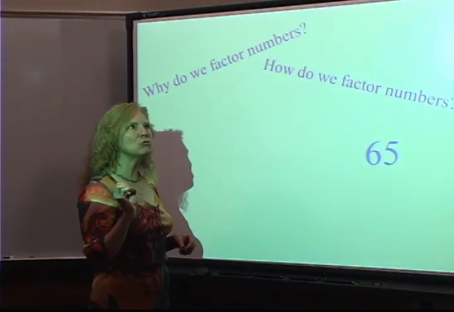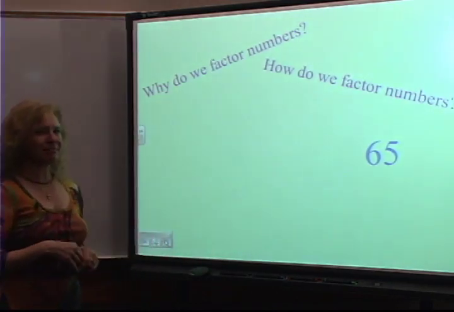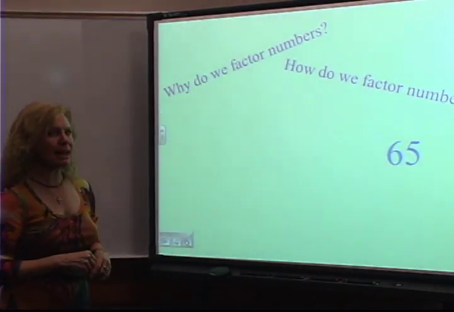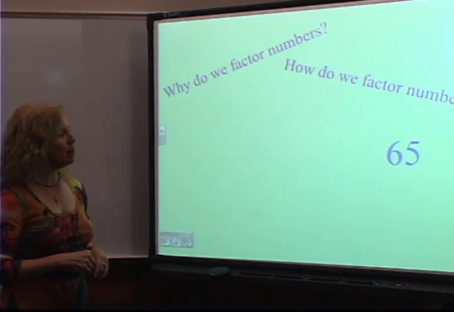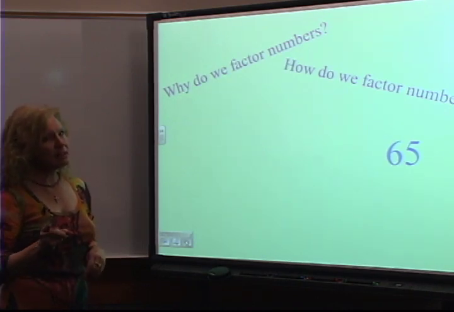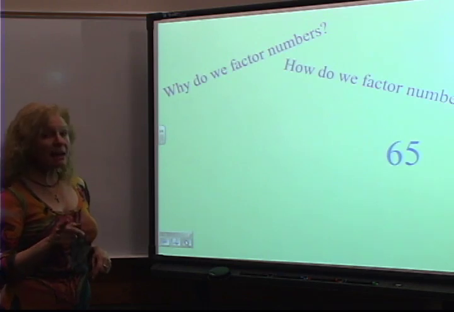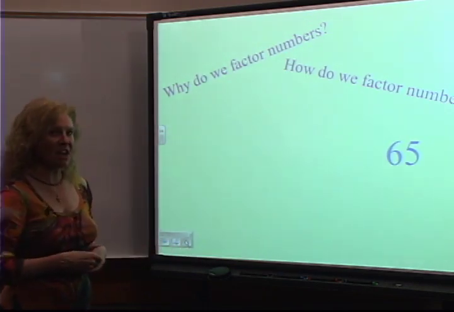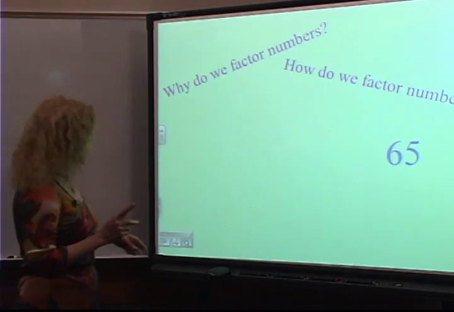Now, as far as how do we factor it, when I look at the number 65, there's a huge clue staring at me. That's why I started with this guy, because I assumed you'd see that big clue as well. He's ending in a 5. So that tells me about a number that I know will divide into 65, okay?